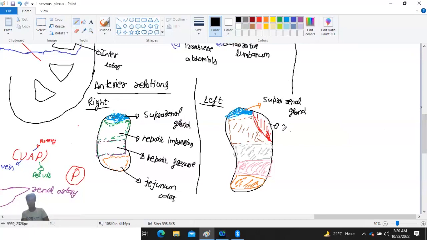This is the splenic impression. This is the gastric impression.